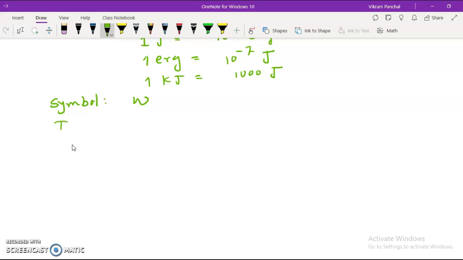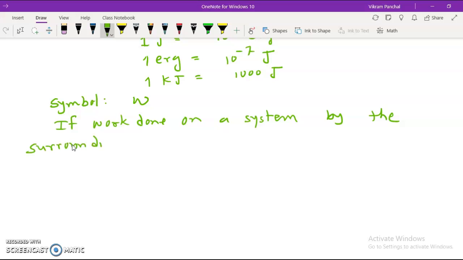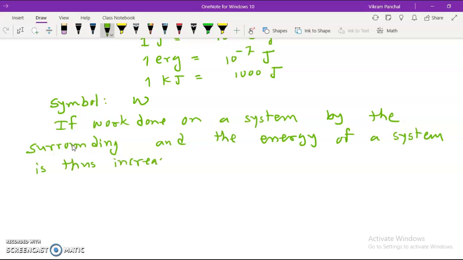Again, there are two types of work. If work done on a system by the surrounding and the energy of a system is thus increased, then it is taken to be positive.